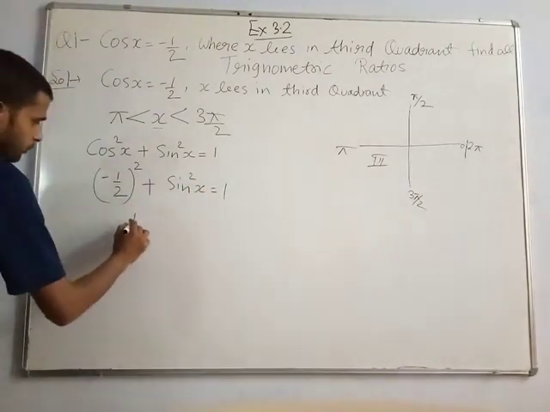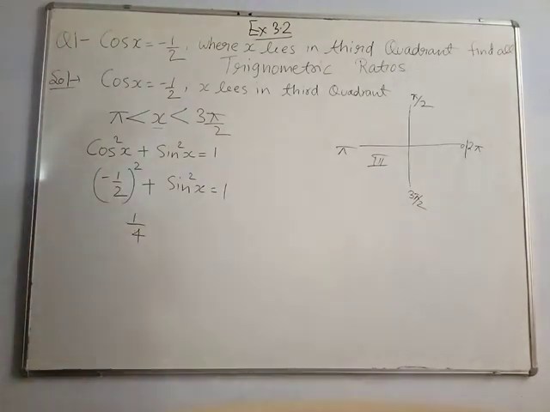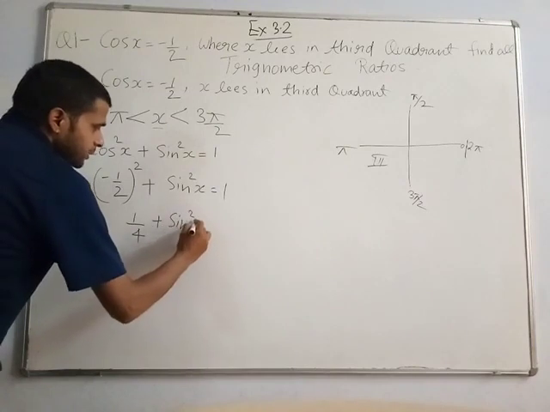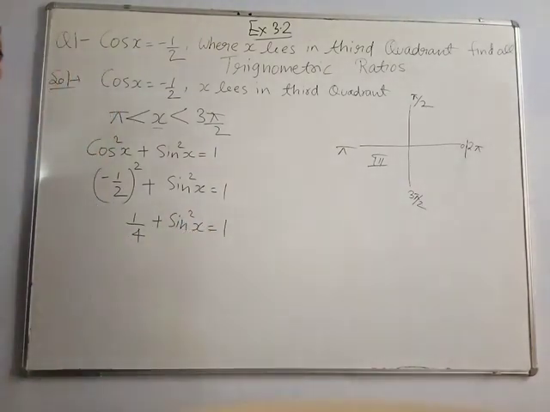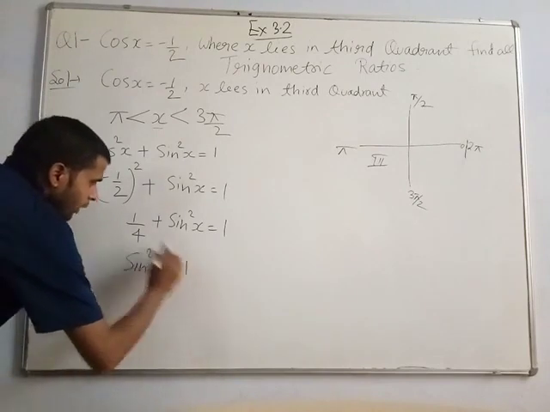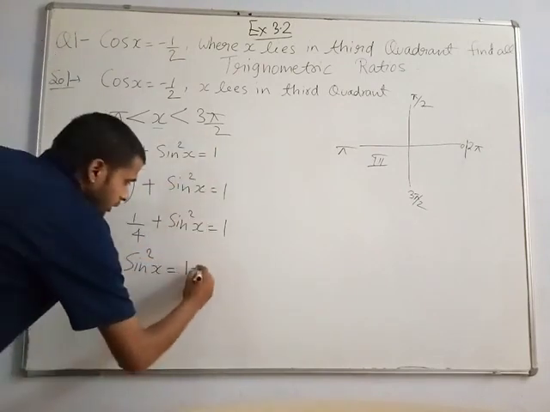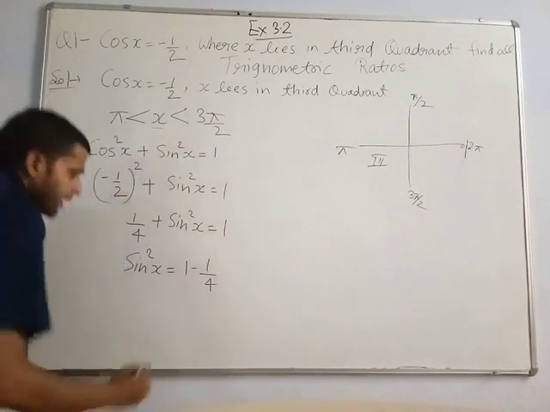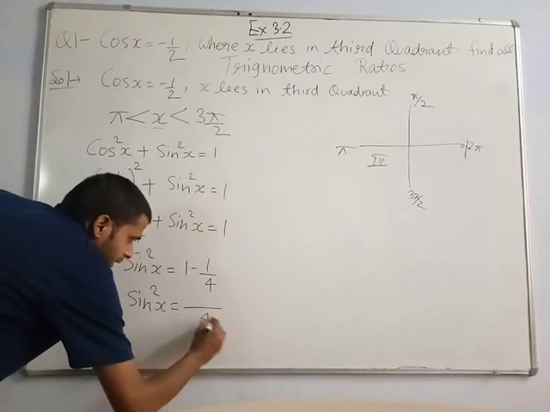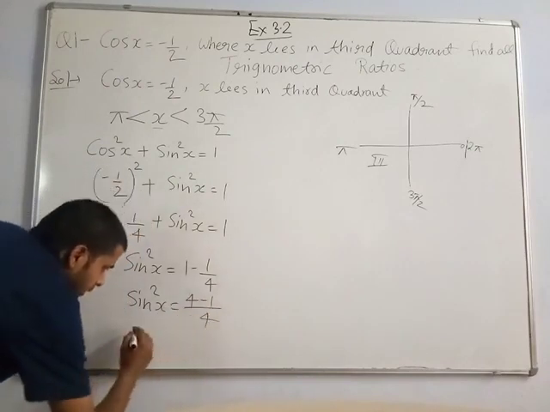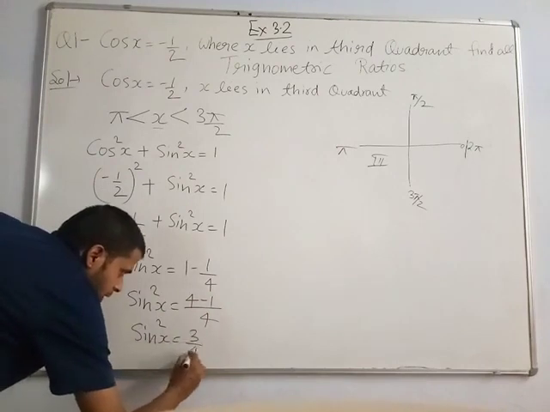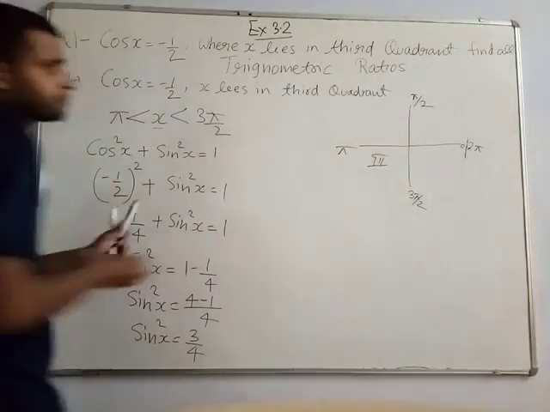The square of -1/2 is 1/4, plus sin square x equal to 1. So sin square x equal to 1, the 1/4 goes to the other side and becomes minus. Taking the LCM, sin square x equal to (4 minus 1)/4, that is 3/4, right?